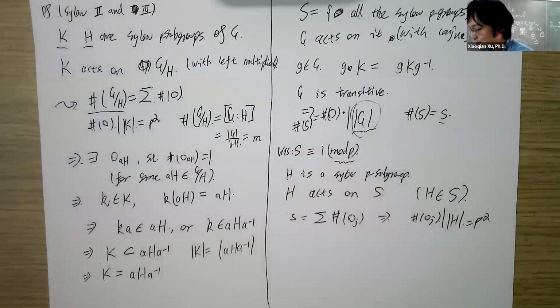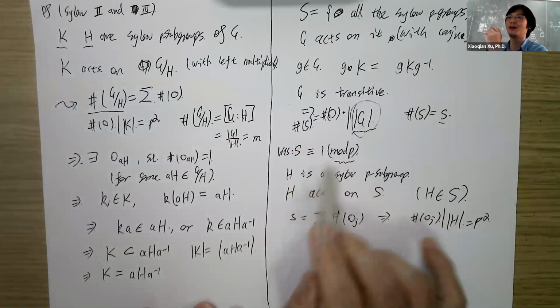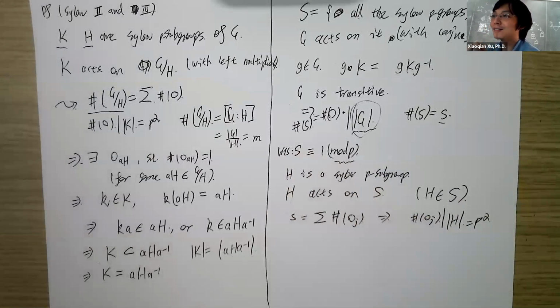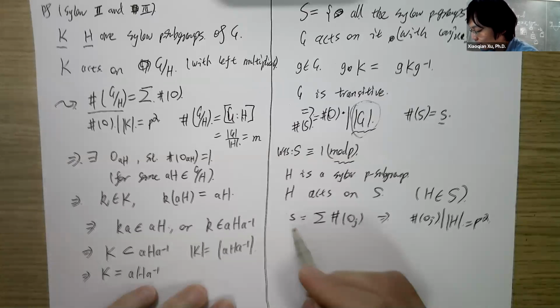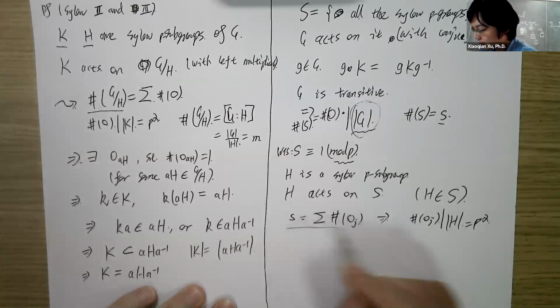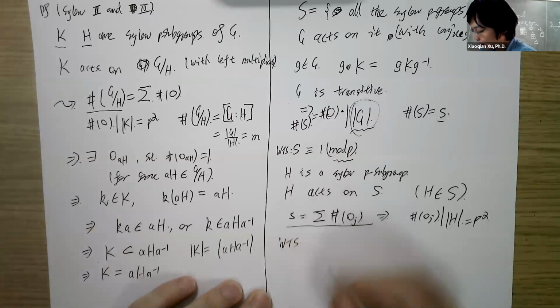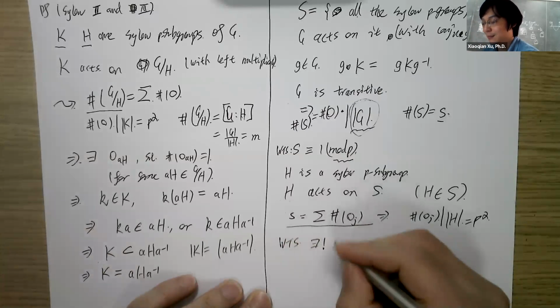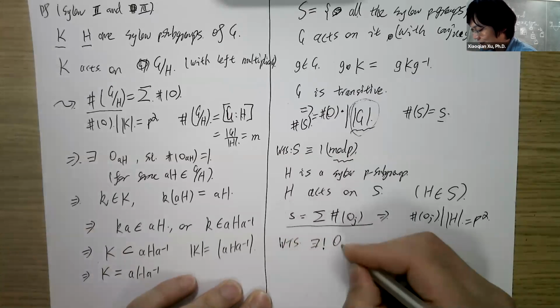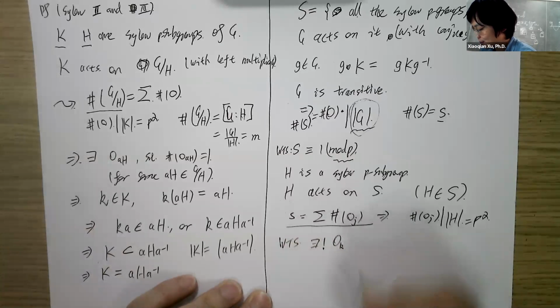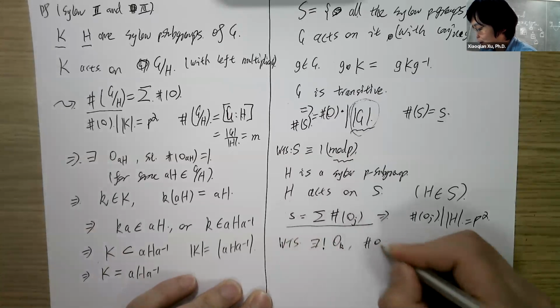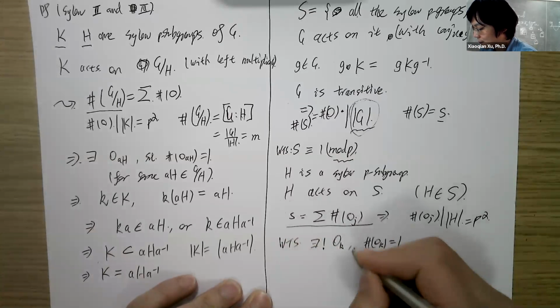We want to show that S mod P equals 1. That's very clear now. By this formula, we only want to show there exists a unique orbit, say O_k, such that the number of elements in O_k equals 1.